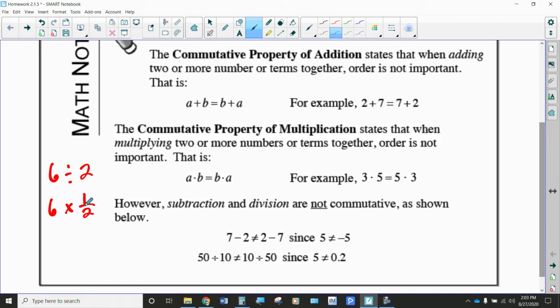So now 6 times 1/2 is the same as 1/2 times 6. They're both equal to 3. So commutative properties work for addition and multiplication, but there are some little tweaks that we can do for subtraction and division to turn them into addition and multiplication problems so that we can utilize commutative property.